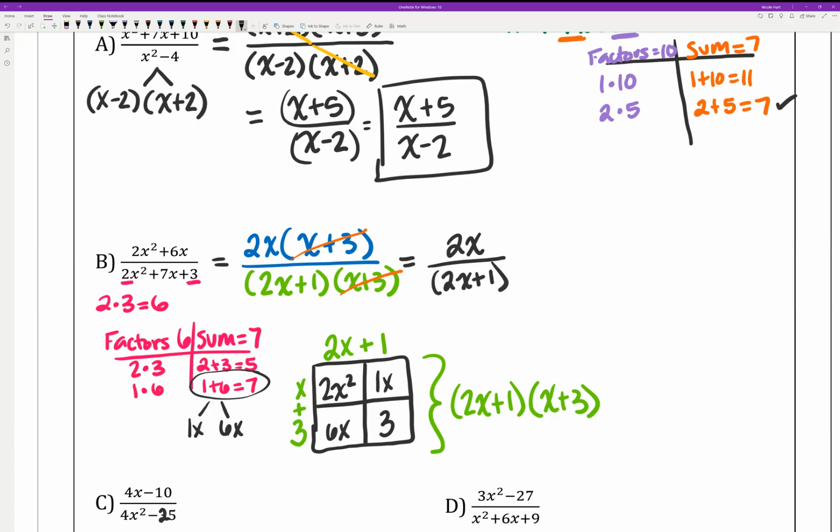Now, I'm going to leave those parentheses around the 2x plus 1 because we have to remember that 2x is being added to the 1. They're tied together with that plus sign, that addition. So I cannot cancel out the 2x on top with the 2x on the bottom. That would not be an accurate next step. So this problem is done. My final answer is 2x over 2x plus 1.